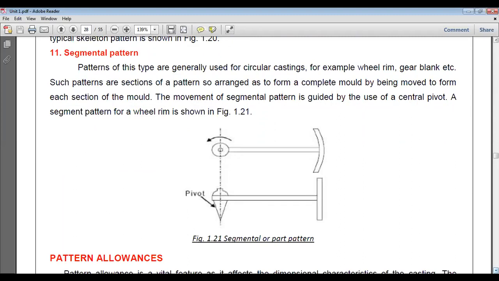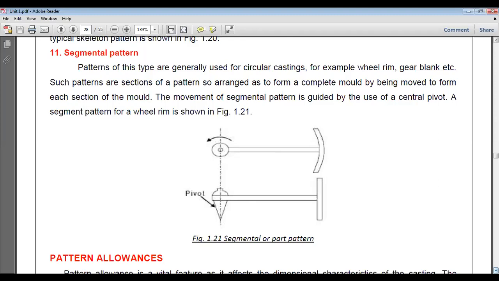Similarly, we make a segmental pattern, and there are different segments. When the casting is large and circular, for example a wheel, rim, gear blank, etc., such patterns are sections of a pattern, so arranged as to form a complete mold by being moved to form each section of the mold.